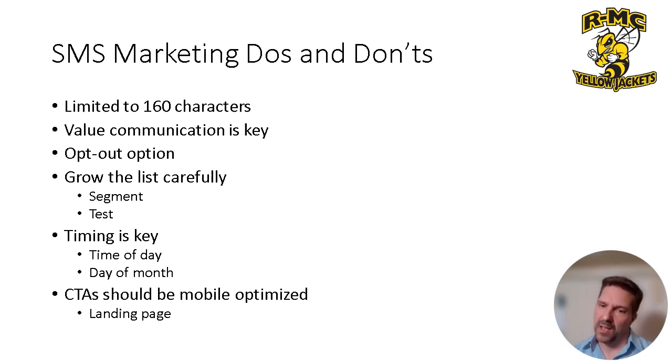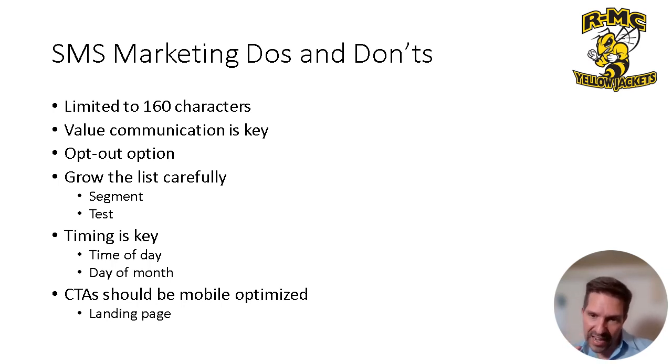And then another probably obvious thing is that if you have a call to action in your email, the landing pages associated with the call to action should be mobile optimized, because the person that is seeing the SMS message is seeing it on the phone.